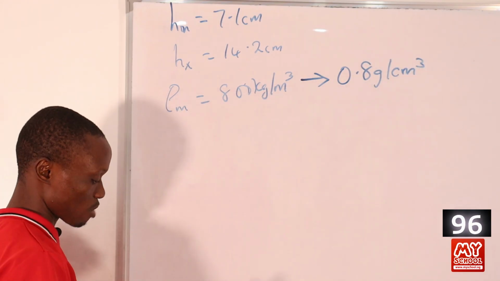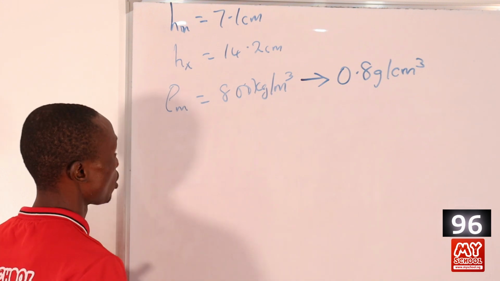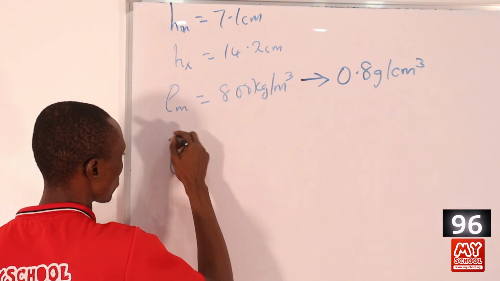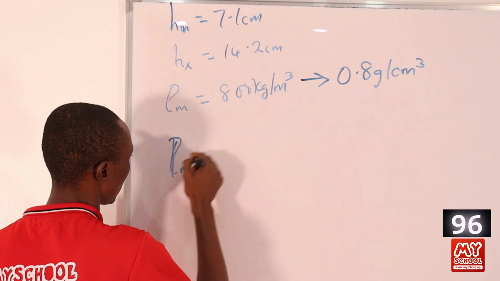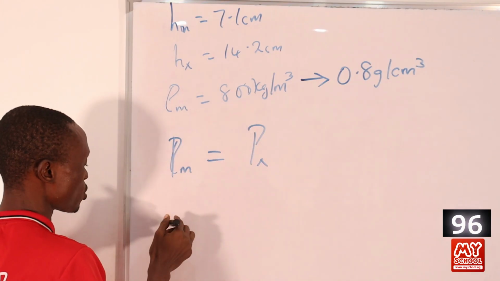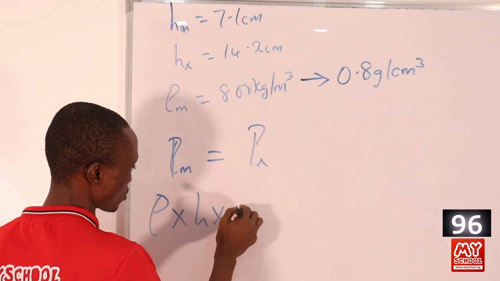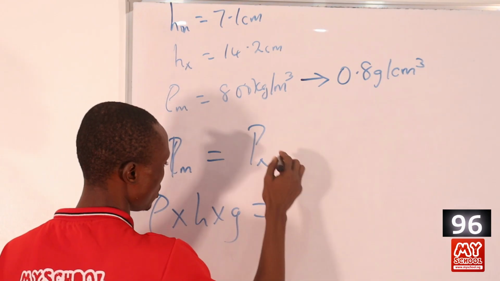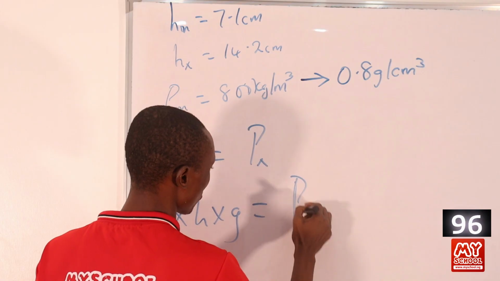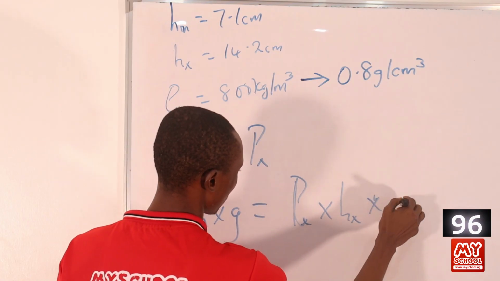Remember that for a Hare's apparatus at equilibrium, the pressure on both arms are equal. So let's say this is the pressure of the methanol, equal to the pressure of liquid X. Remember that pressure is equal to density times height times acceleration due to gravity. Here too is the density of X times the height of X times acceleration due to gravity.